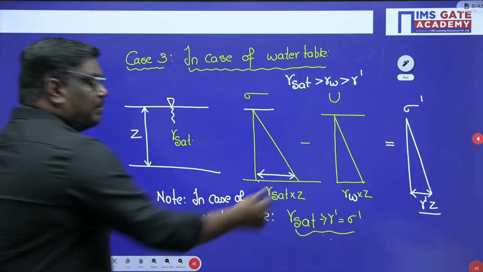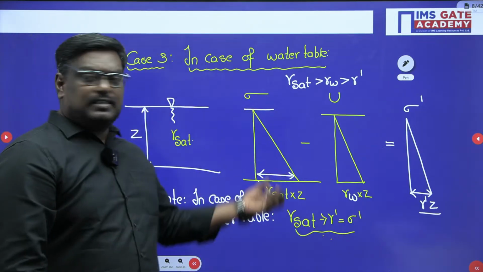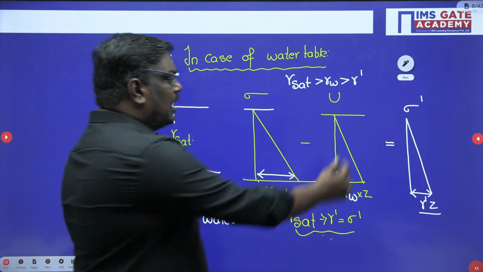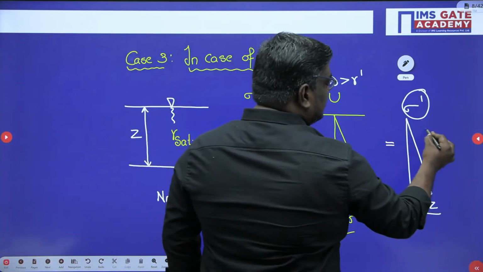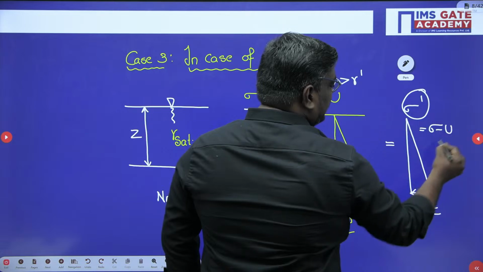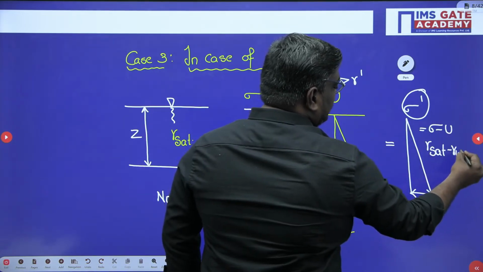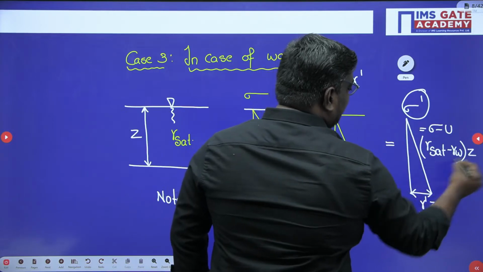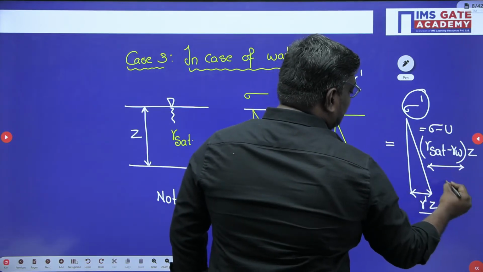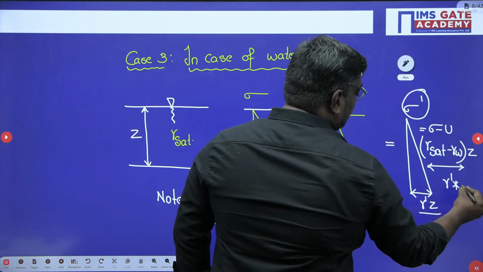How did I get gamma dash, sir? If you see here, students, how do you calculate sigma dash? It is nothing but total stress minus pore water pressure. You can say gamma sat minus gamma W, if I take Z common. What do you mean by gamma sat minus gamma W? It is nothing but gamma dash into Z.